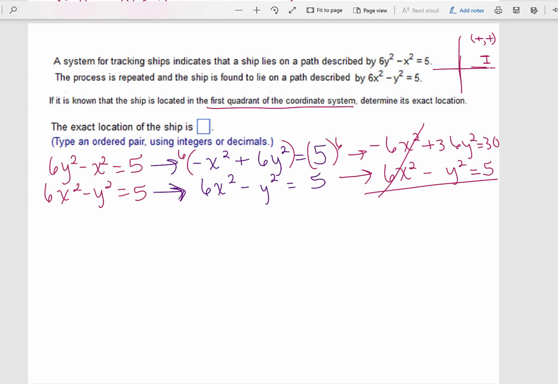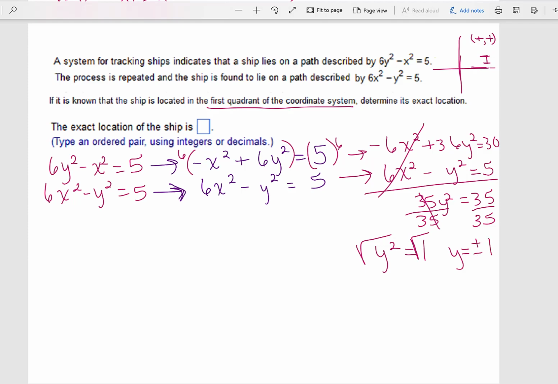I have 35y squared equals 35. Solving for y, I get y squared equals 1. Square root that to get just y by itself. Square root it on the other side, and I get y equals positive or negative 1.